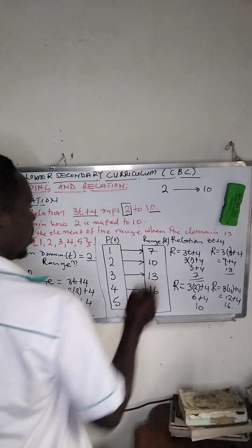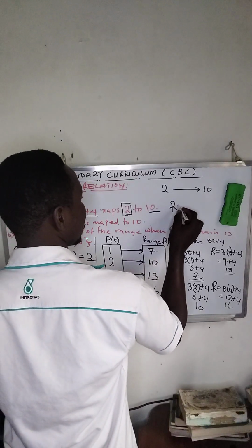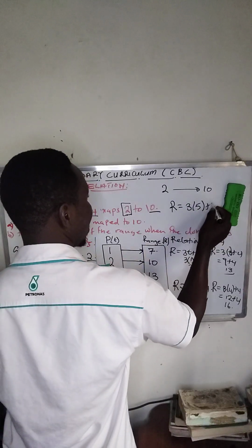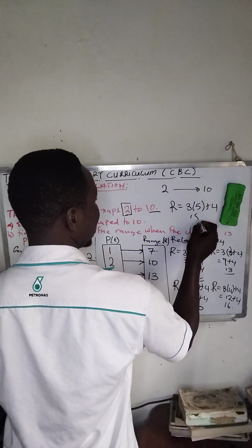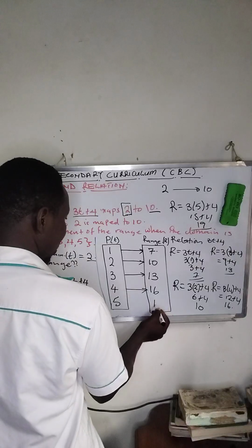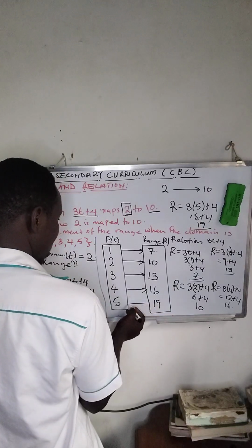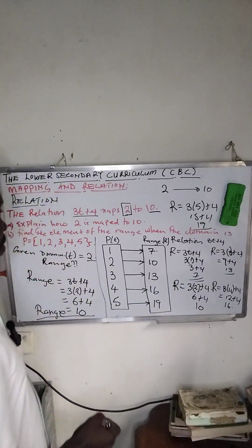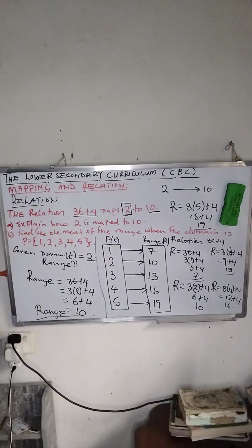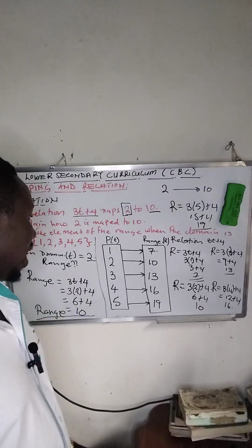And finally, we have our value of r being equal to 3 into 5, then plus 4. This is 15 plus 4, which is 19. It means our 19 is the one that comes there, and now our range is obtained altogether.